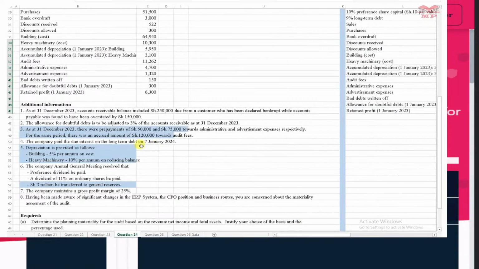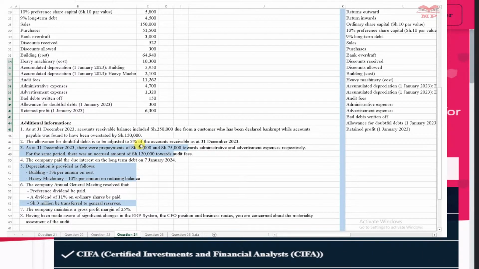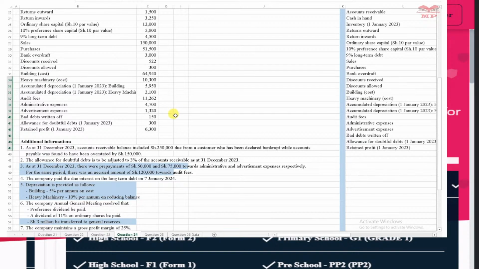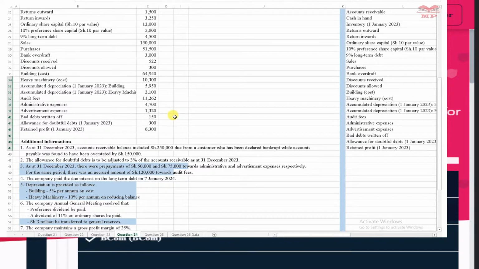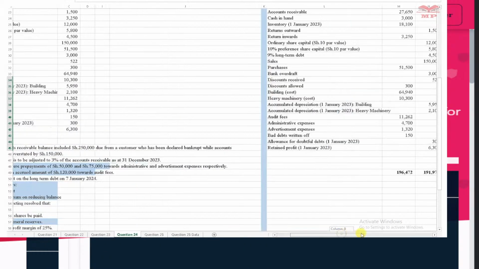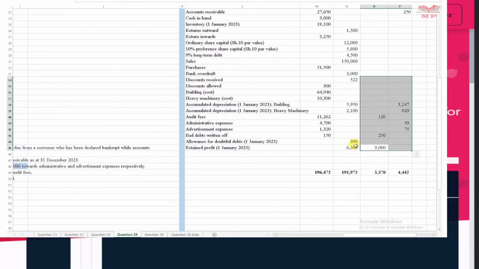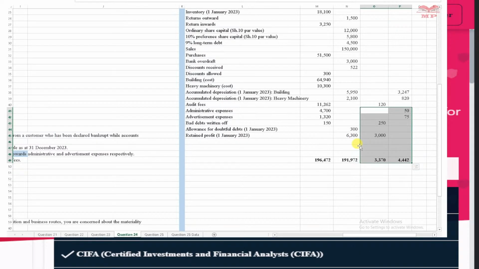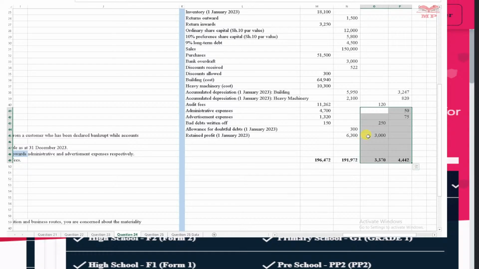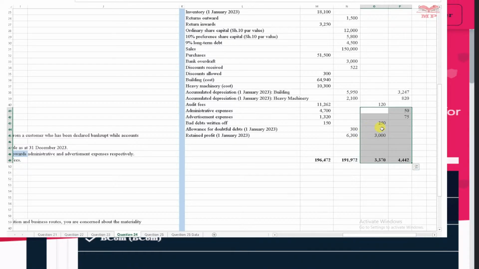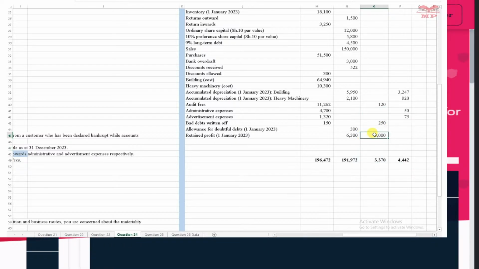So for the increase in provisions, we are comparing the doubtful debts right over here, the allowance for doubtful debts. Once we get this figure of 3,000, we'll be able to make adjustments based on the increase in provisions.